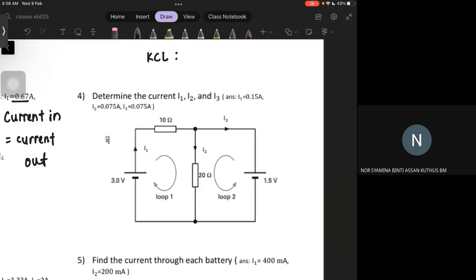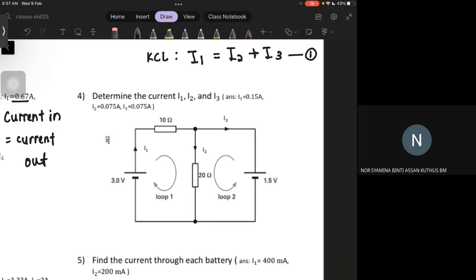Irdina, ada tak tu? Ada, Miss. Cuba bagi tahu saya formula untuk KCL soalan 4 ni. I1 sama dengan I2 tambah I3. Betul? Thank you. I1 equals to I2 plus I3, your first equation.